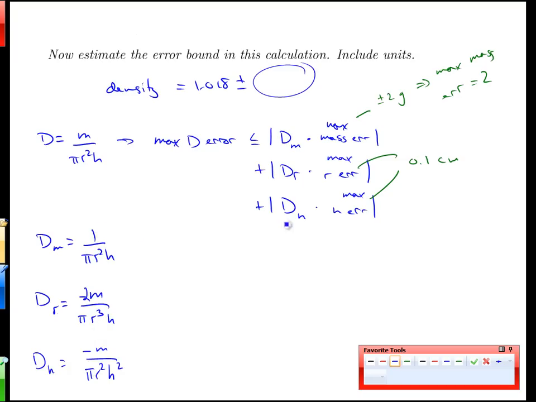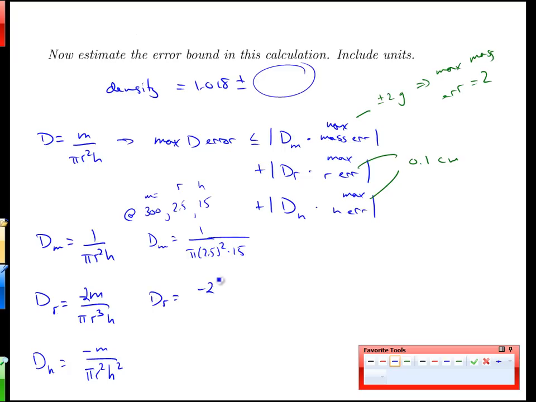Now, to complete this formula, we already know some measurements that we use. These derivatives should be used at the point that we considered, which was 300 for m, 2.5 for r, and 15 for h. Then the m derivative is 1 over pi times 2.5 squared times 15.